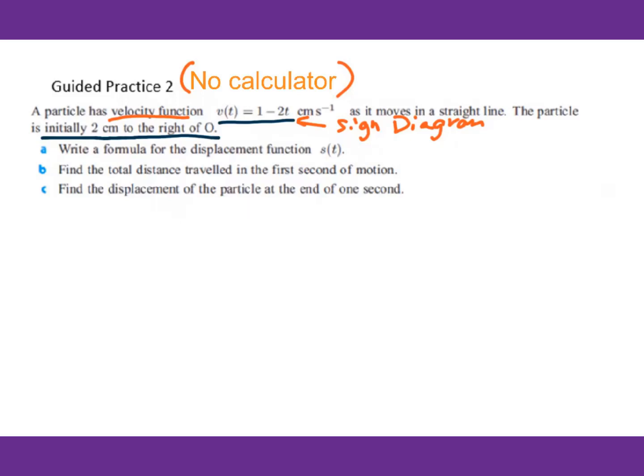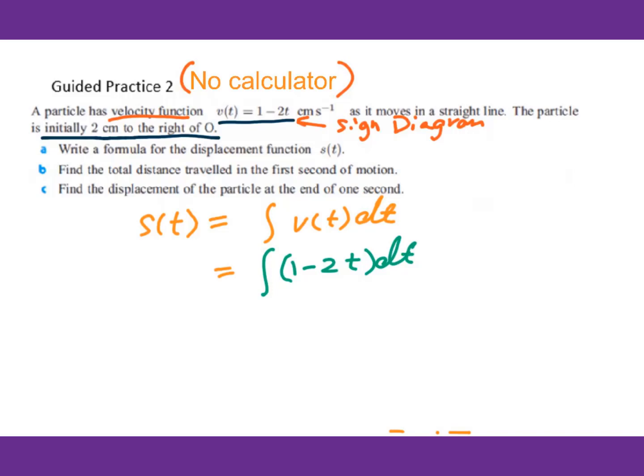For A, write a formula for the displacement function. So S of t equals the integral of the velocity function. So we have the integral of 1 minus 2t dt.